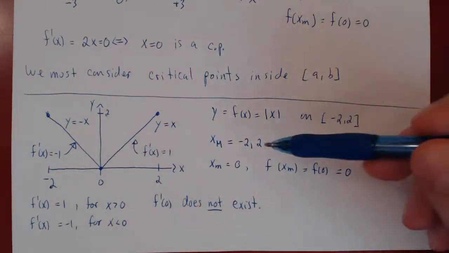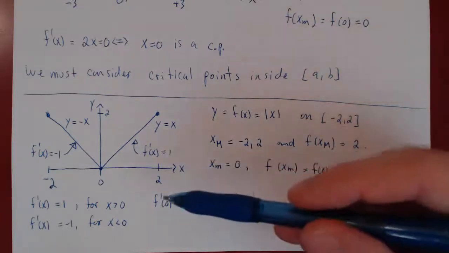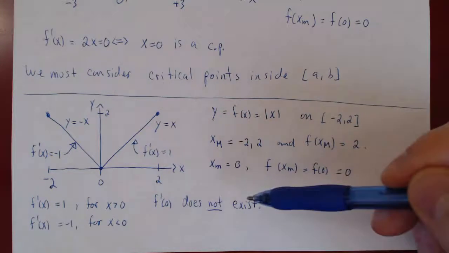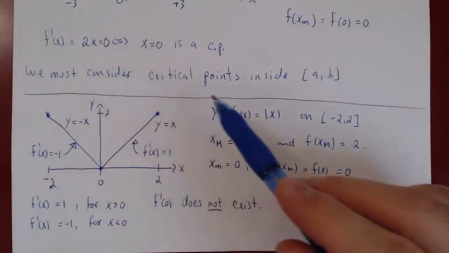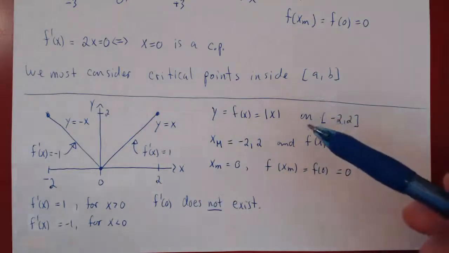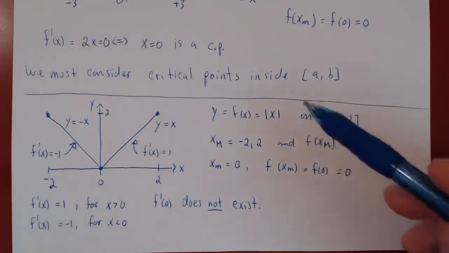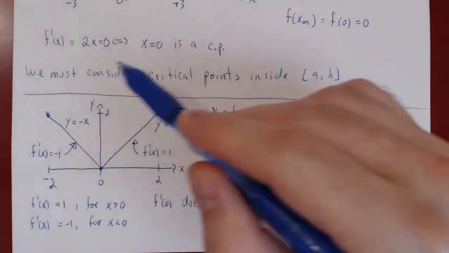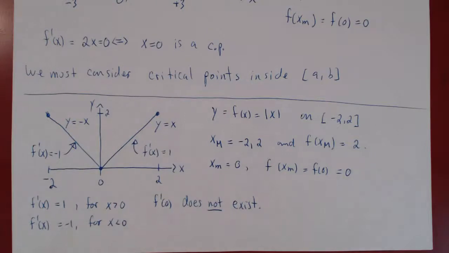And so you see that here, our global minimum, x equals 0, is a point where the derivative does not exist. So when we said that we have to consider critical points inside of the interval, we mean critical points of any type. So a point where the derivative is 0, or a point where the derivative is undefined.